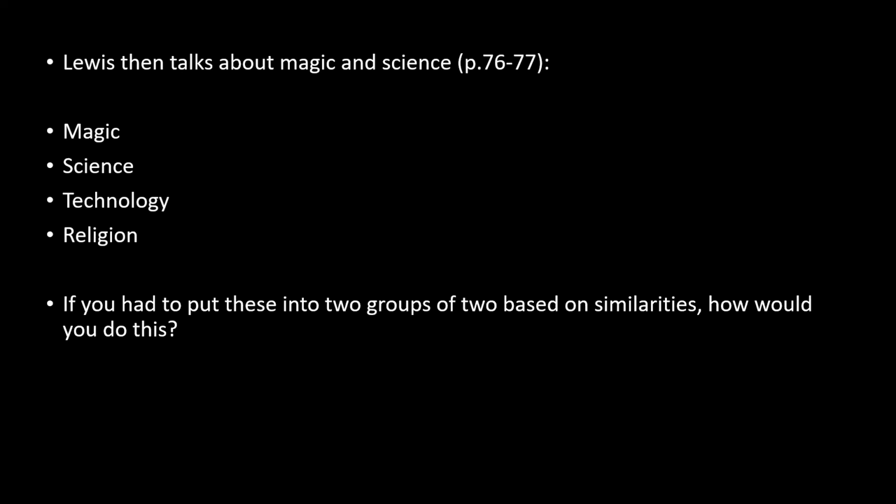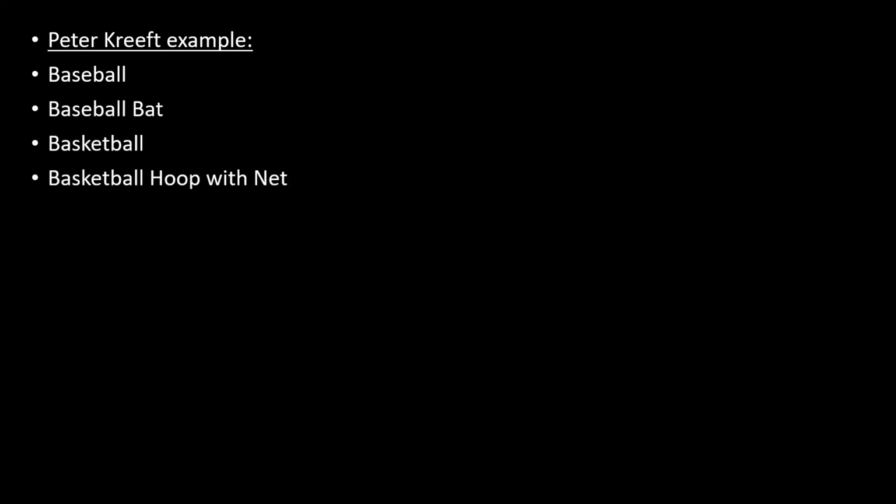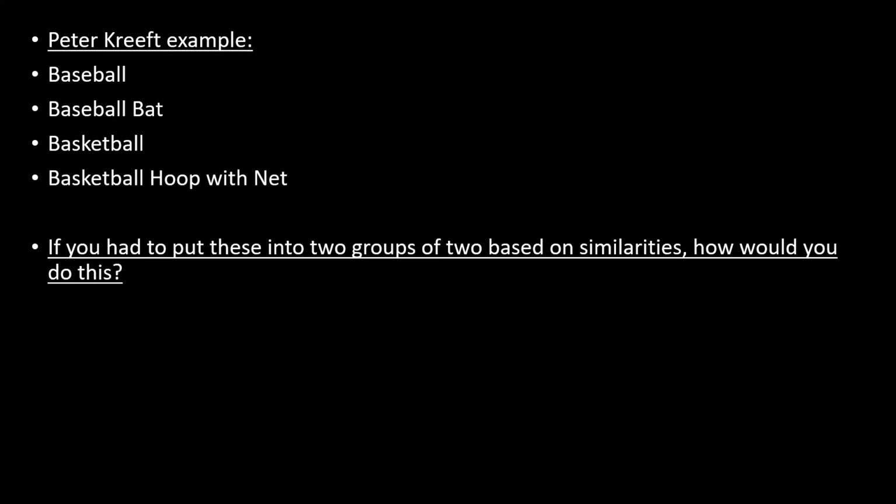And while you think about that, Peter Kraft gave an example to kind of help as you think in one of the resources that I read of his. He says, if you take a baseball bat, a basketball, and a basketball hoop with net, and then I ask you to put these into two groups of two based on similarities, how would you do that?